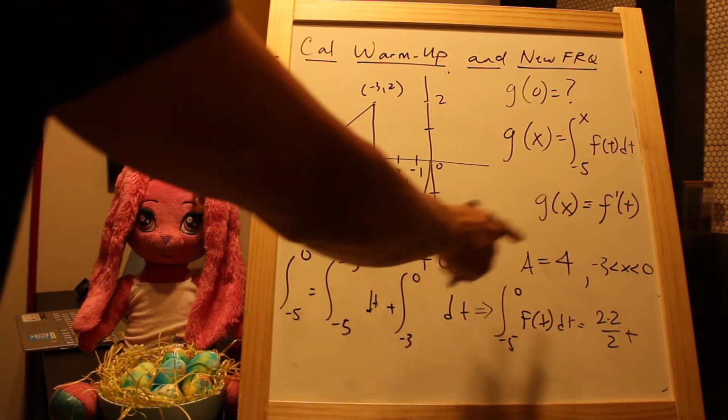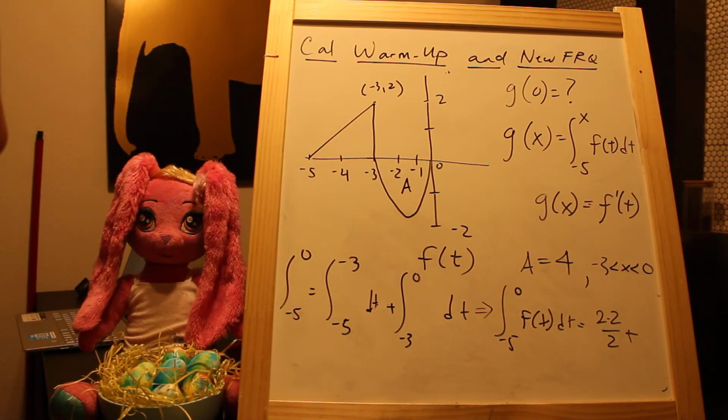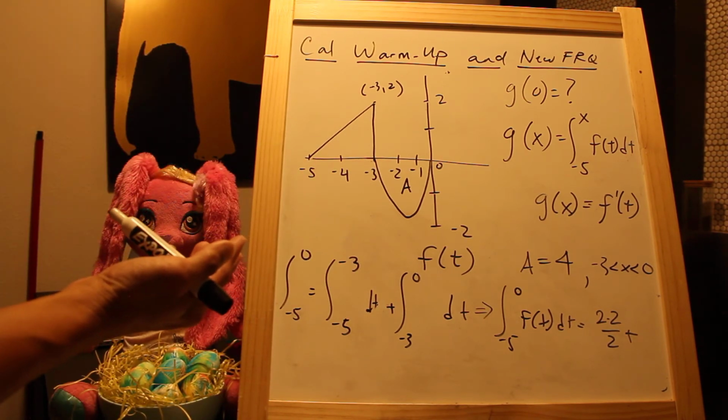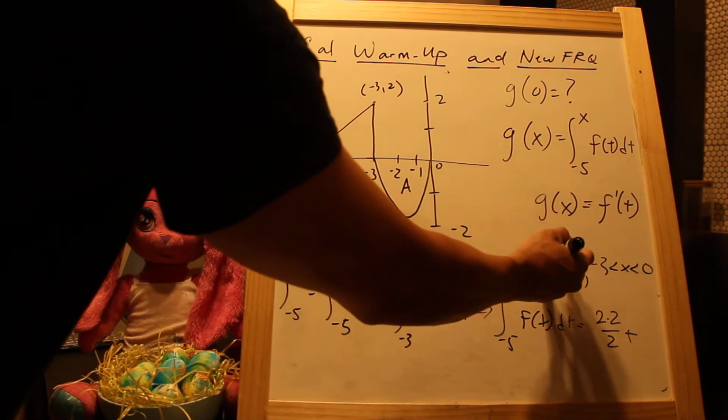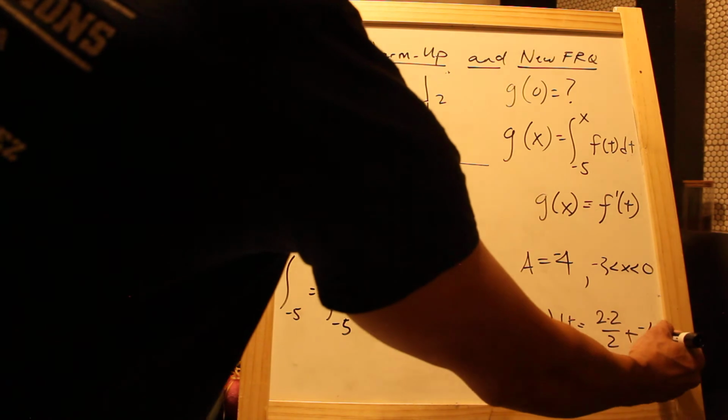That's A, and A is equal to, in this case, 4. To make this a little more kosher, I guess you could say, this should be negative because obviously this is below the axis, right? So this would be -4.